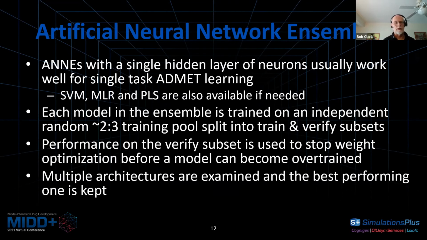And multiple architectures are examined and the best performing one is kept. Now, actually, multiple performance criteria are used, which now includes the quality of the uncertainty distributions, which I'll talk about in just a moment. Again, I refer you to the Clark and Daga publication cited above for details.